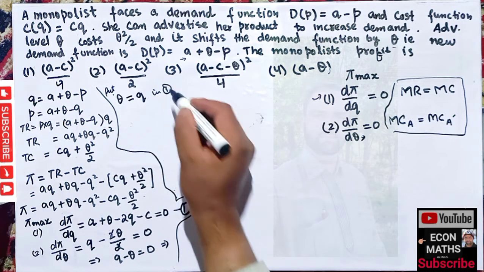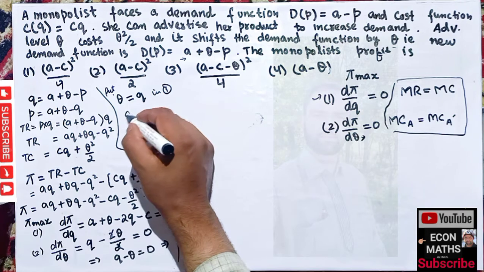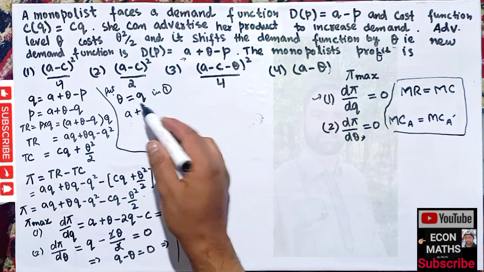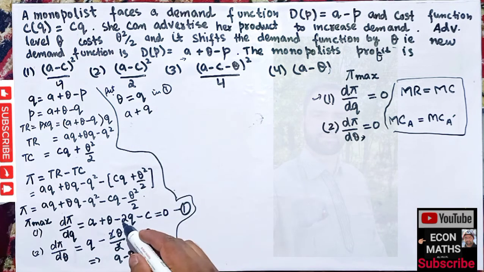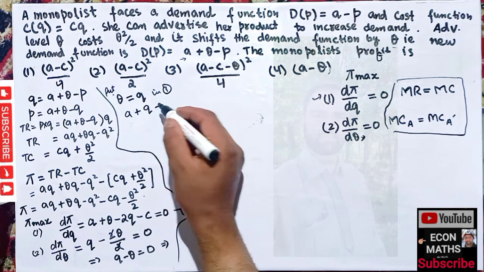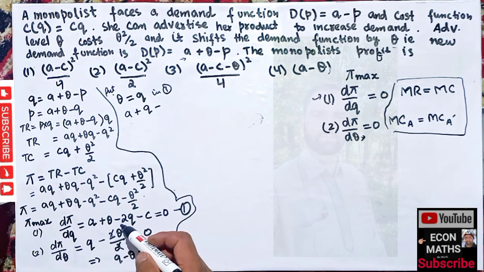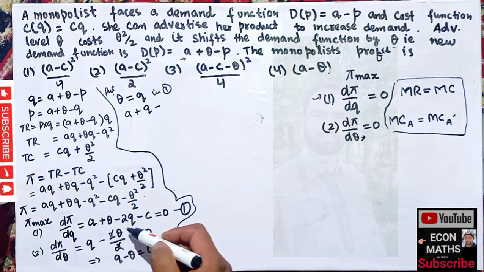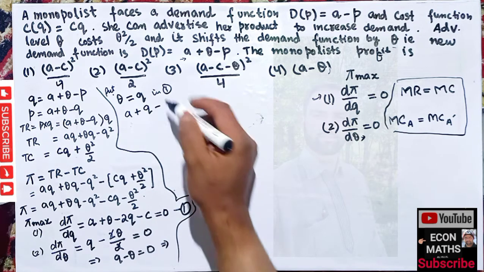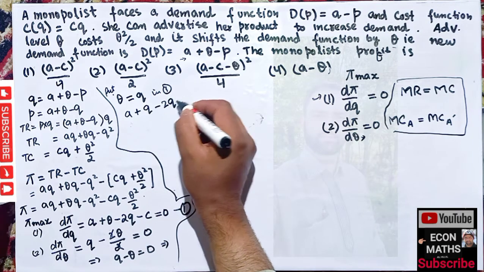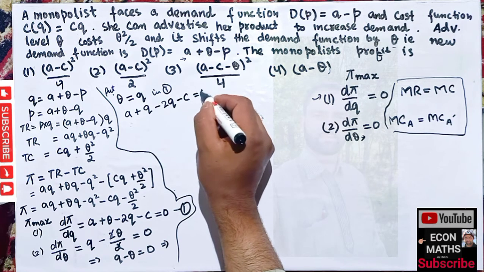So we have a plus the value of theta is equal to q, so q minus 2q, so I will write 2q minus c is equal to 0.